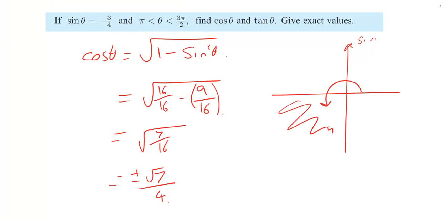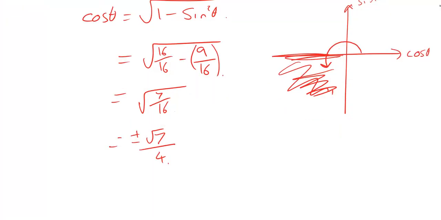Of course sine is negative. And if this is our cosine theta axis, well, that's going to be negative too. We're over here on that axis, right? So we're going to reject the positive value and we're going to write the negative value. We're going to say that cosine theta is negative root 7/4.